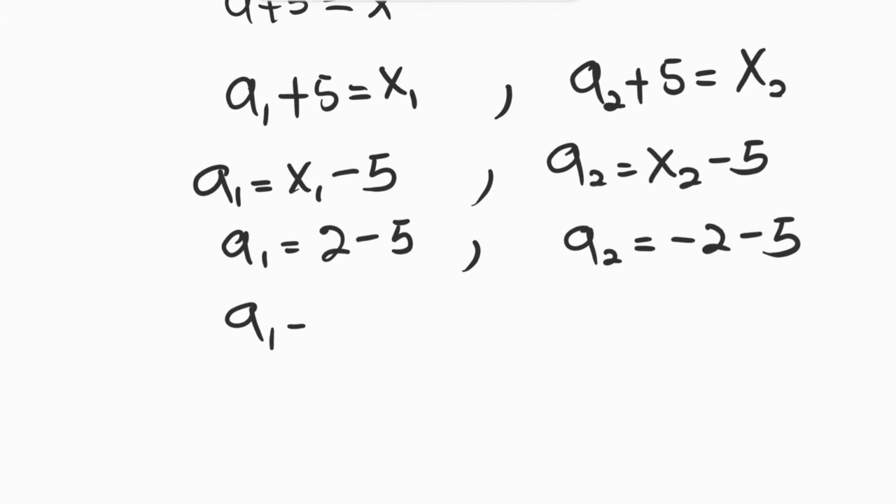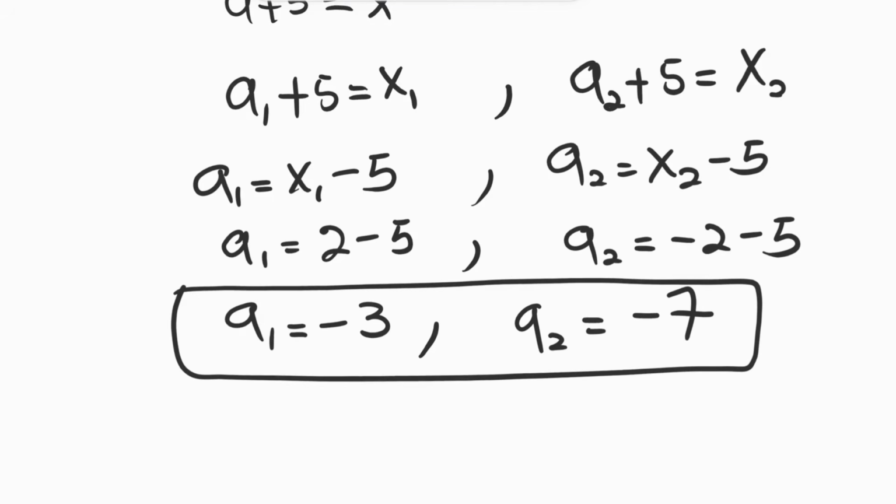So a1 is equal to minus 3, and a2 is equal to minus 7. These are the values of a that we were looking for earlier.